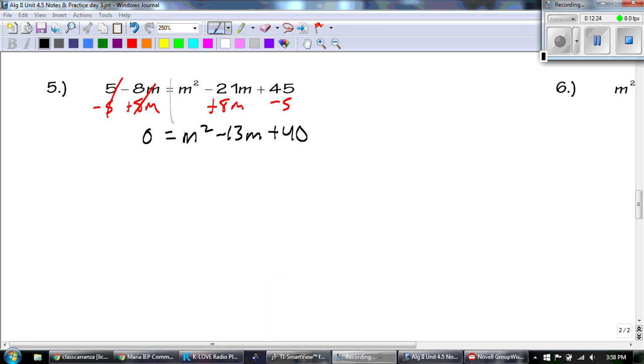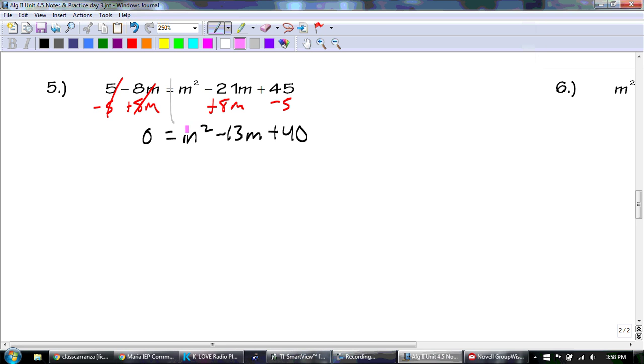Okay, so we get m squared minus 13m plus 40. Remember, always check. Can you solve it by factoring? Do you know all the factors of 40? 1 and 40, 2 and 20, 4 and 10, 5 and 8.